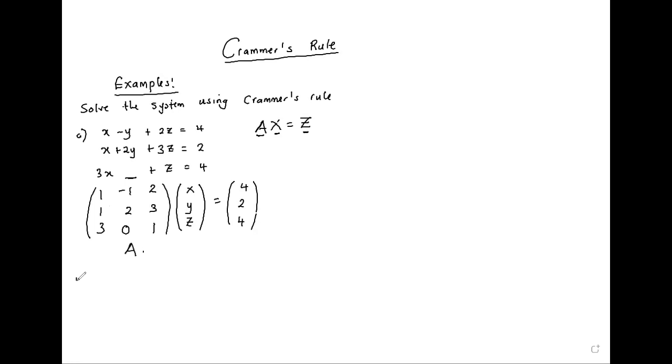So the first thing we do is find the determinant of A, the usual way of getting determinants. I pick 1, put 1 here, then remove that row and column, and get the determinant of this: multiply here, minus this.